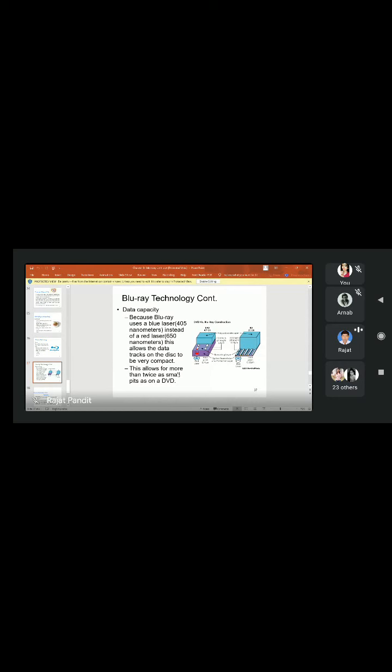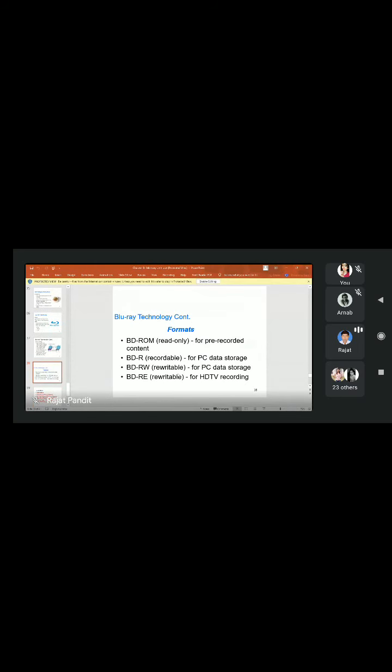This allows the data tracks on the disc to be very compact, with more than twice as small bits as on DVDs. The formats are BD-ROM, pre-recorded content; BD-R, recordable, for PC data storage; BD-RW, rewritable; and BD-RE, also rewritable, one for PC data storage and another for HDTV recording.